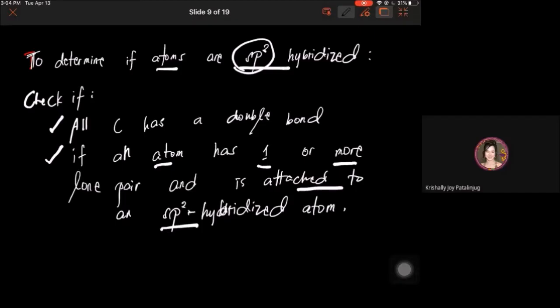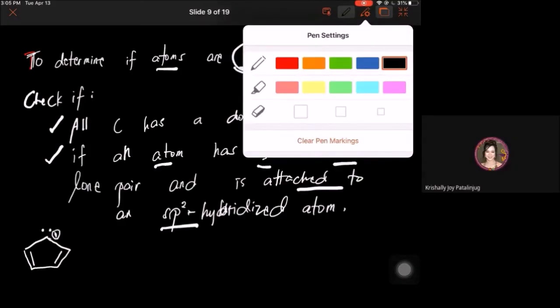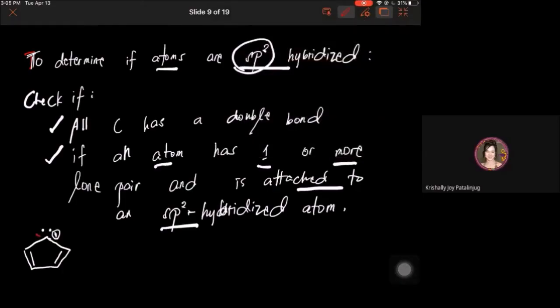Say, for example, you have this ring, a 5-membered ring. Let's say this is carbon 1. Just an example, hypothetical. Let's say this carbon labeled as carbon 1 carries a lone pair, which I circled.